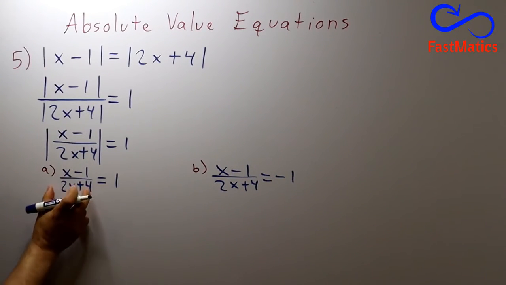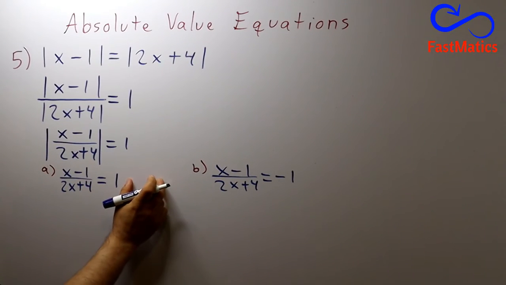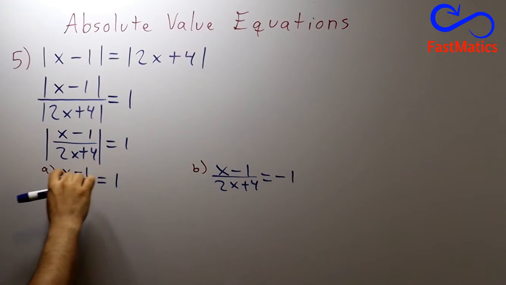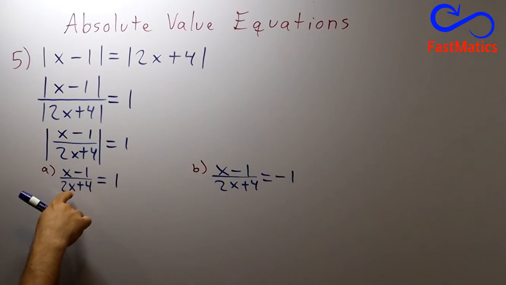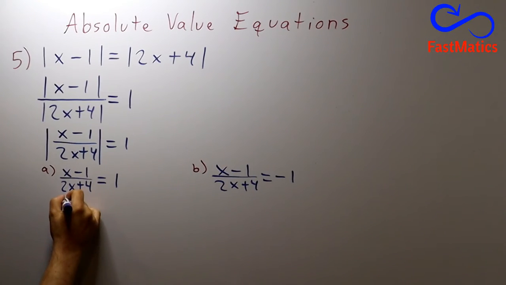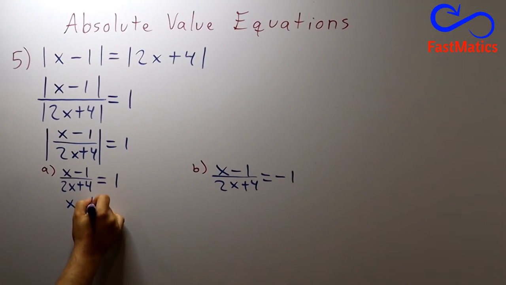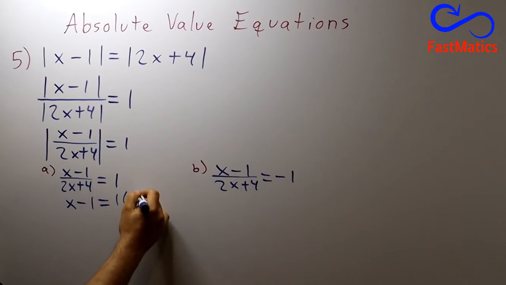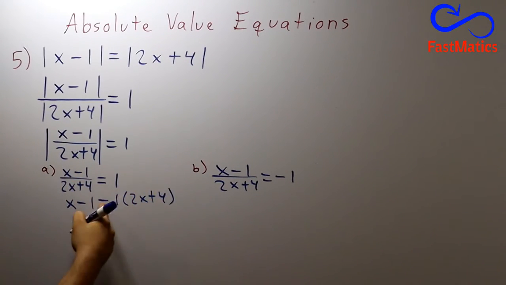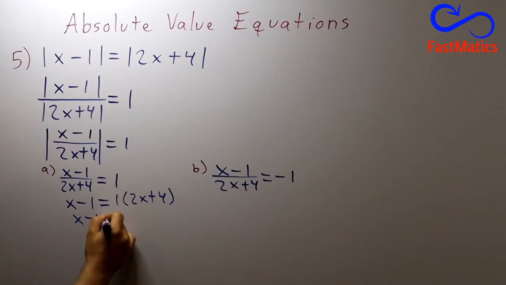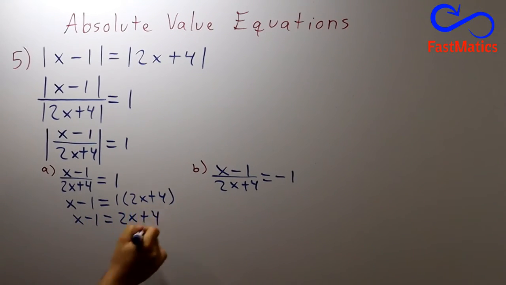For solving that, you can pass it multiplying, or you can multiply everything by the least common multiple of the denominator. It is the same. So you are going to get x minus 1 is equal to 1 times 2x plus 4. And 1 times 2x plus 4 is 2x plus 4.